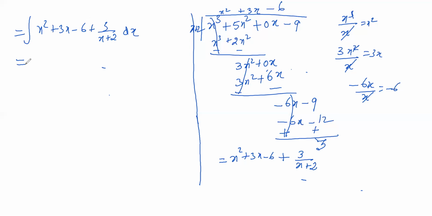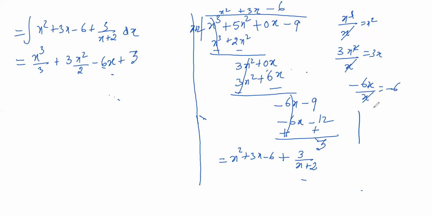Now coming to the integration process using the formulas. First, x squared integrates to x cube by 3, plus 3 into x, integration x squared by 2, minus 6, integration 6x, plus 3 by x plus 2. What is the integration now? What's the formula? 3 constant outside, 1 by x plus 2.